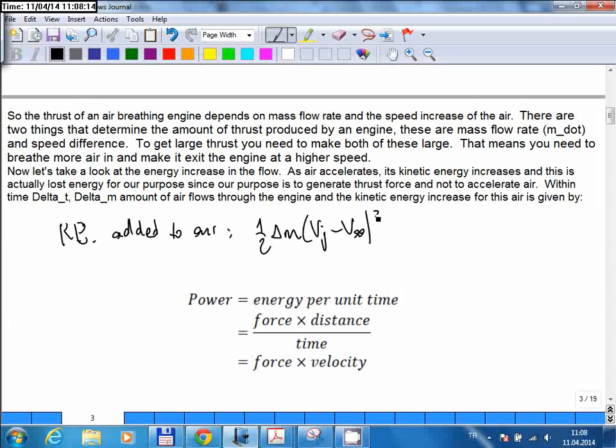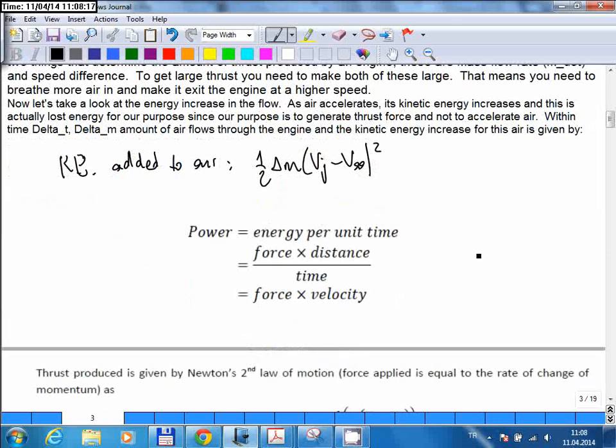Okay, so this is the kinetic energy of the air exiting the engine.